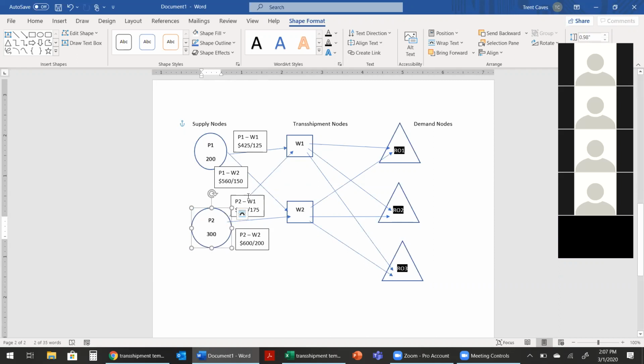So you see that as you build, sometimes you have to make slight adjustments, but you just need to make sure that you get all of the information together on your final product. So we did our output requirements. We can do our demand requirements for our retail outlets the same way.